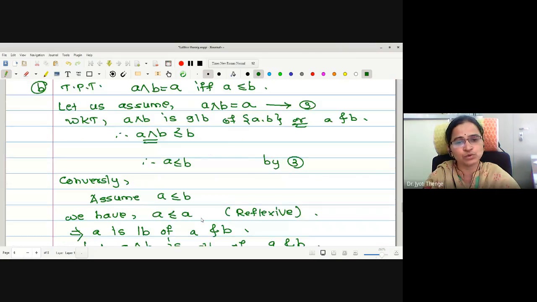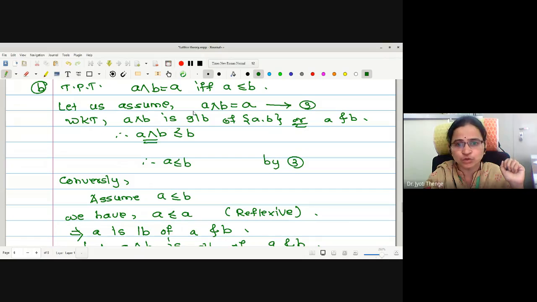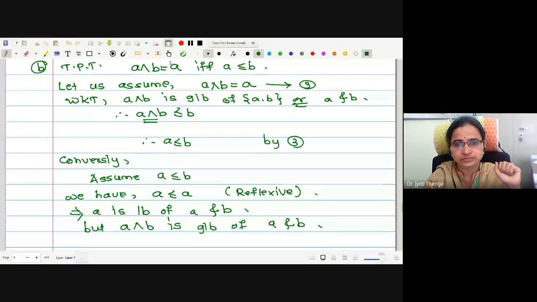Similar criteria we will use to prove this relation, that is, A meet B is equal to A if and only if A precedes B. To prove this, let me assume A meet B is A, and we have to prove A precedes B. A meet B is the greatest lower bound of A and B, so separately one can write A meet B precedes B. But what is A meet B?